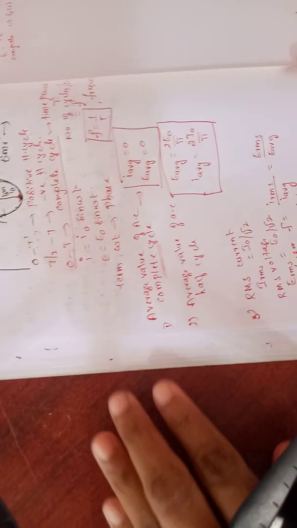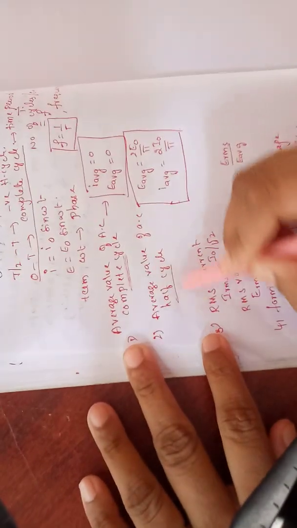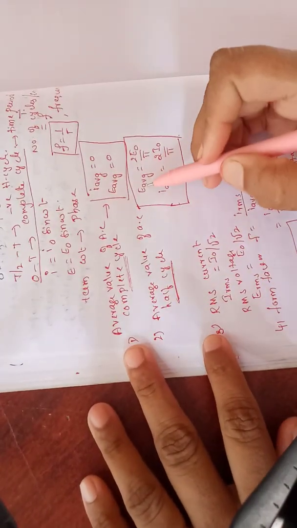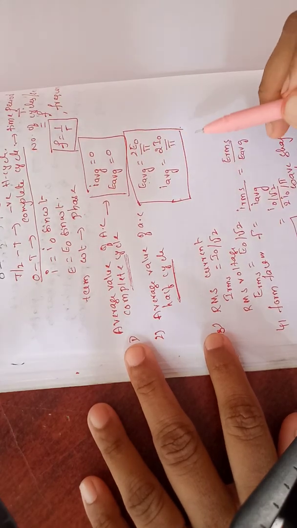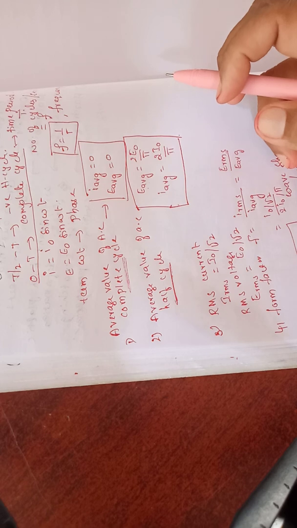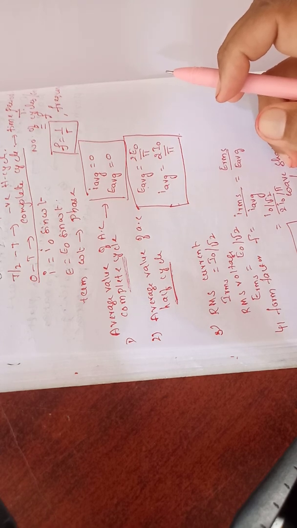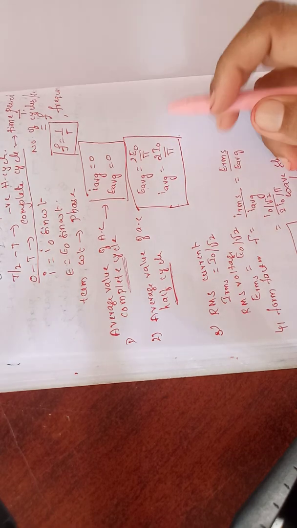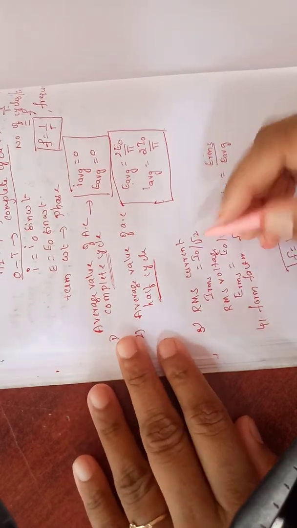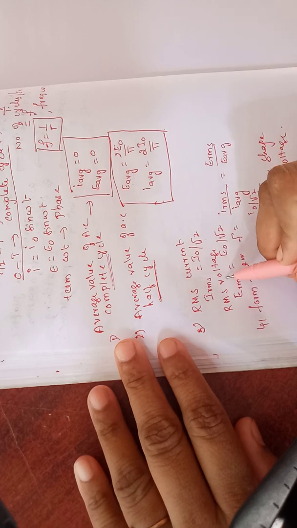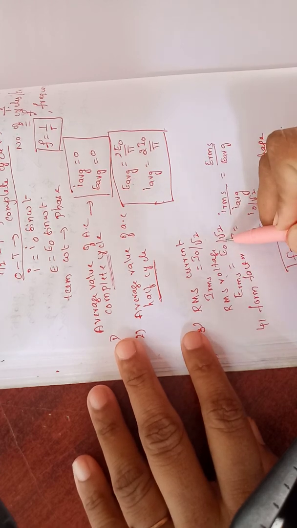Similarly, the average value of AC during a half cycle, for voltage, E average equals 2 E naught by pi, and for current, 2 I naught by pi. Similarly, RMS current value is I naught by root 2, and RMS voltage value is E naught by root 2.